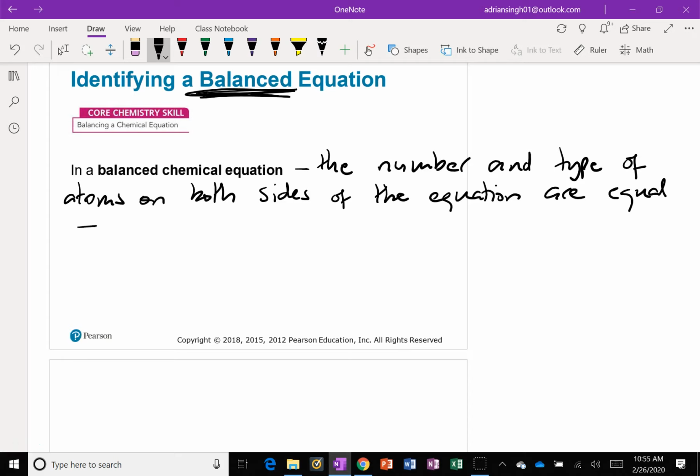All right, and this is just another way of stating the law of conservation of matter.